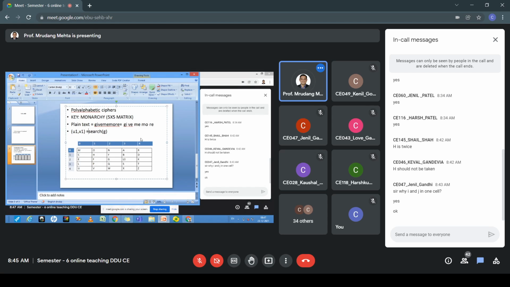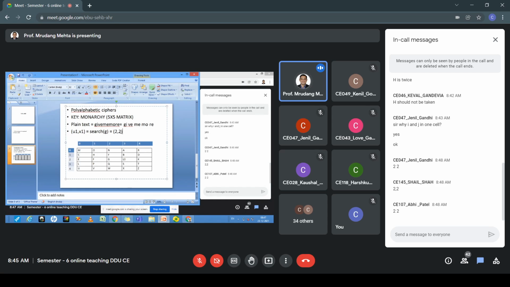So U1 V1 is going to be the location of G. So what is the location of G in this particular matrix? G's matrix location is 2, 2, correct.